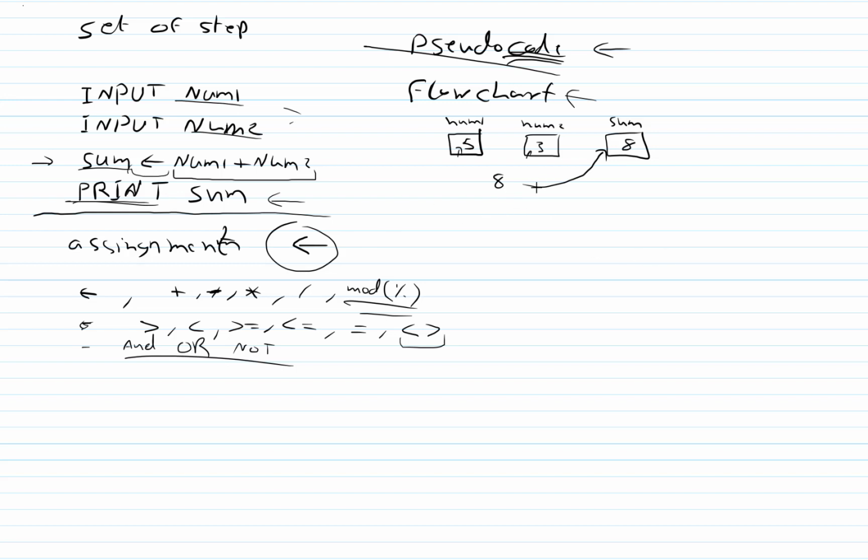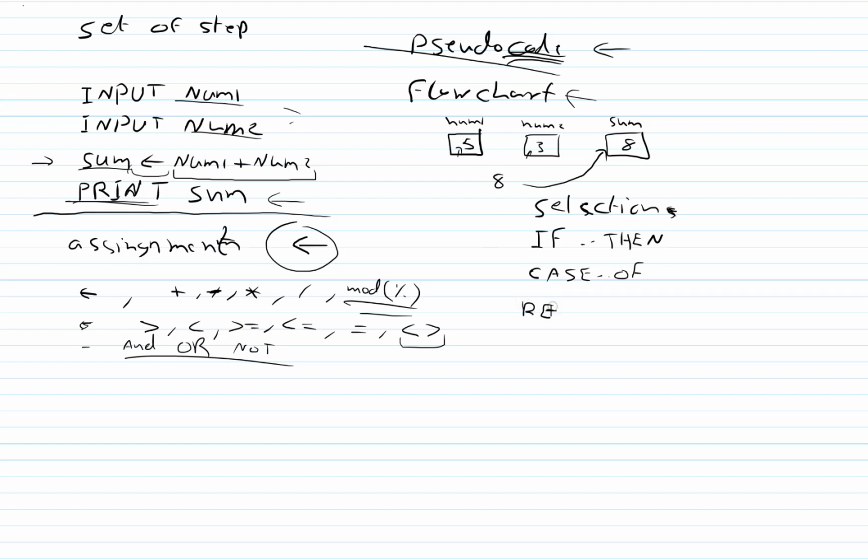Also, you need to know the selection statements, or structures, like the if then statement and the case of. So we call these selection statements. And we have the repetition structures.